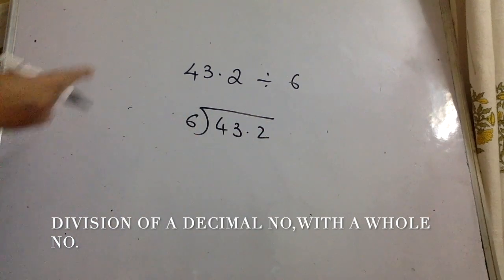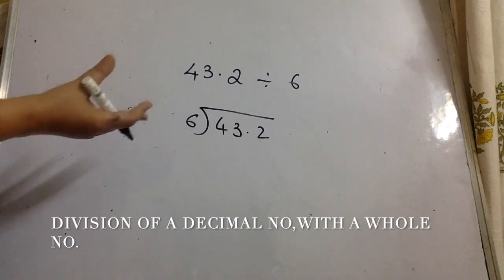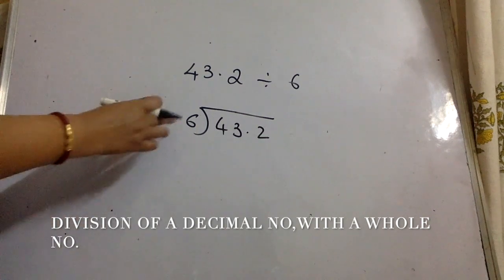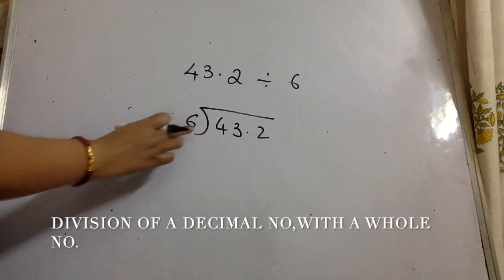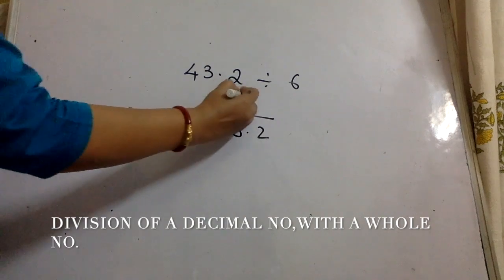Okay, you have been doing divisions like this from your childhood. So 6 doesn't go in 4, so 6 into 7 is 42.